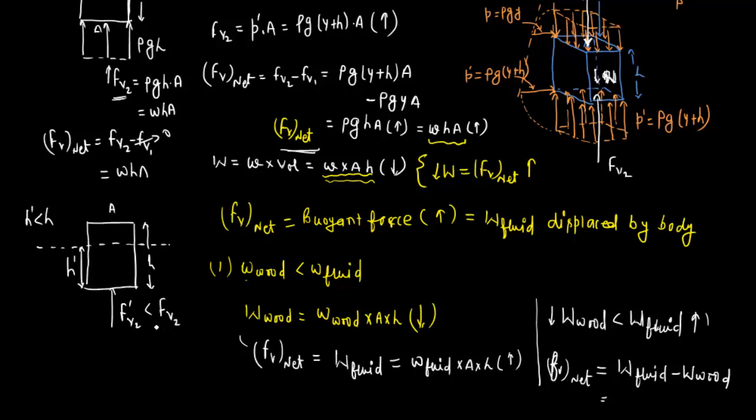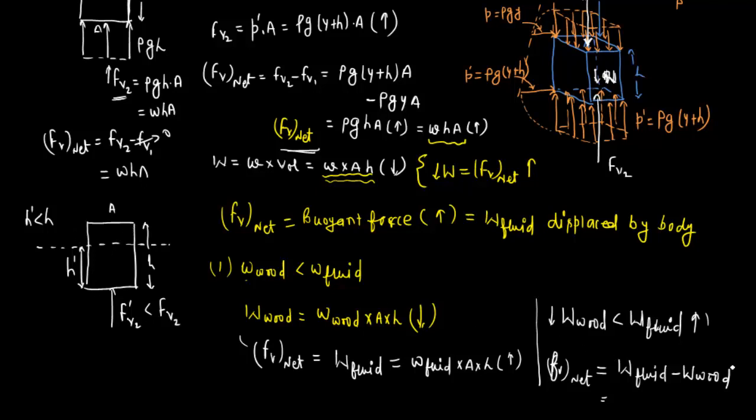That's why FV2 is going to decrease. So the weight of fluid displaced by this wooden block is also going to decrease as it moves out from the fluid. At some particular point, the weight of fluid displaced by this wooden block will be exactly equal to the weight of this block here.